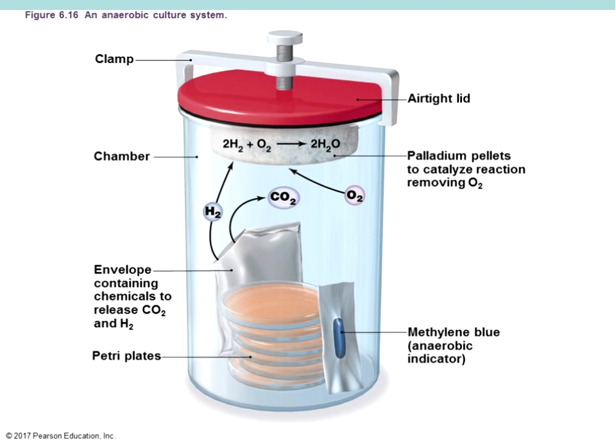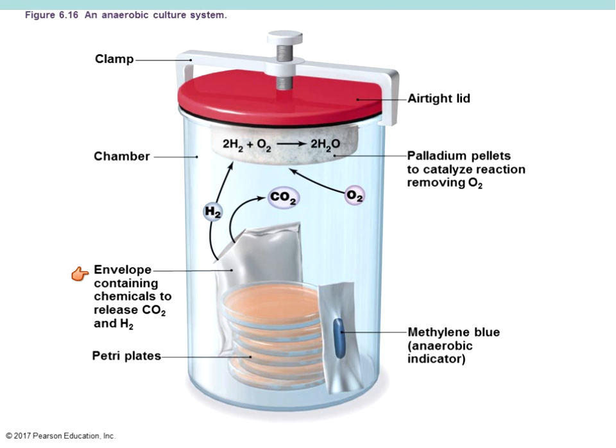So to culture anaerobic organisms, we would use what's considered an anaerobic culture system jar, or anaerobic jar, a gas chamber. We use this to grow organisms that don't tolerate oxygen, that need to be in an oxygen-free system.